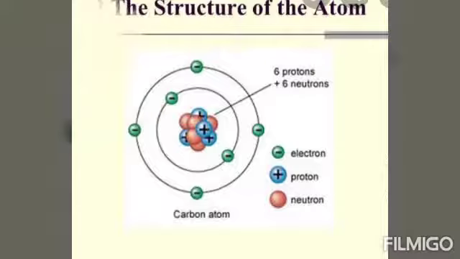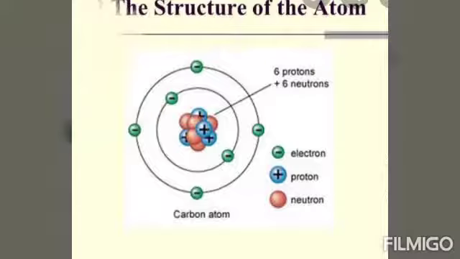In the beginning of this topic, the first question asked is: which constituents are present in an atom? You can see the structure of the atom shown on the screen, where you will come to know that an atom consists of three important constituents: proton, neutron and electron.